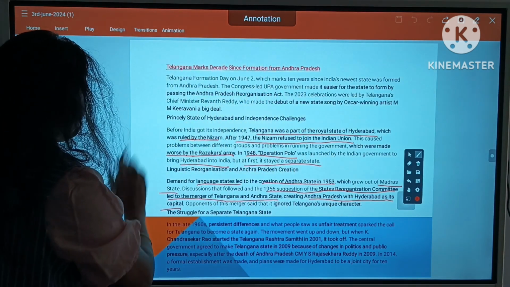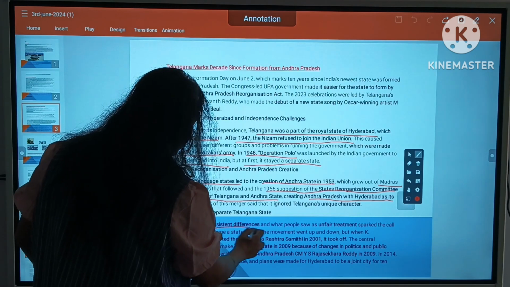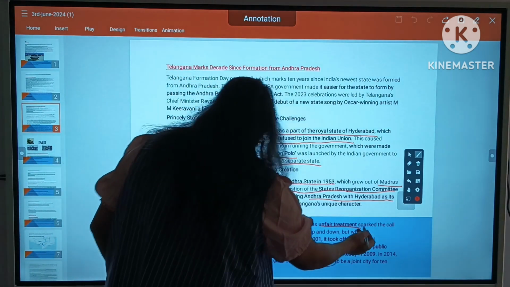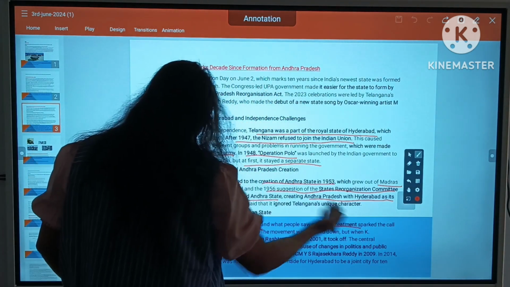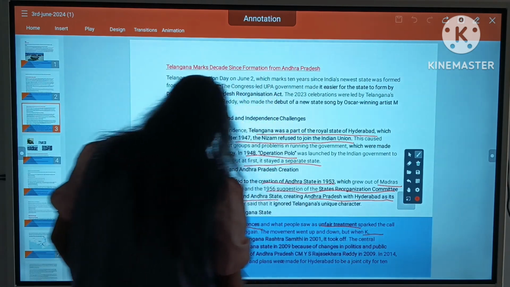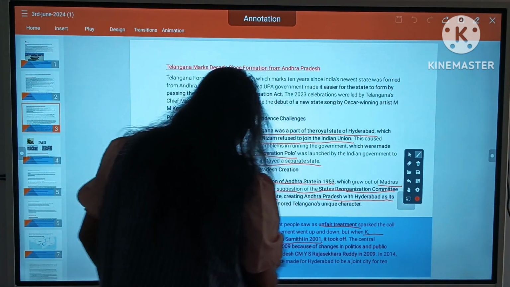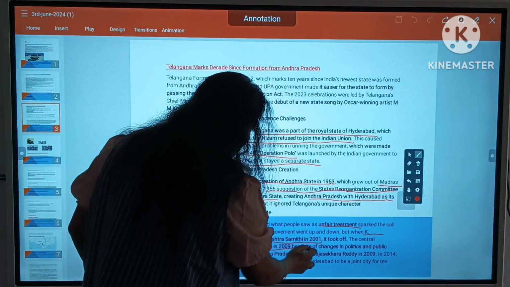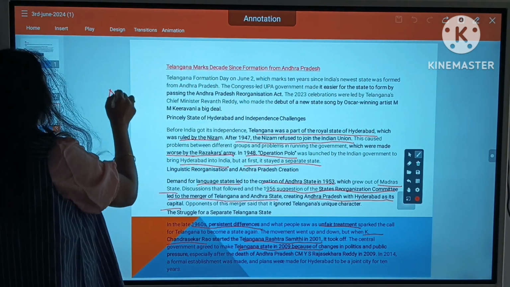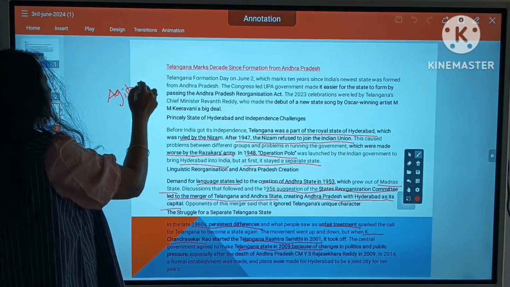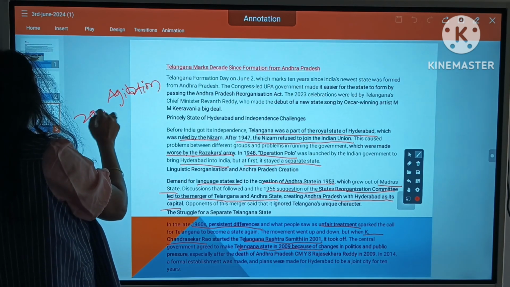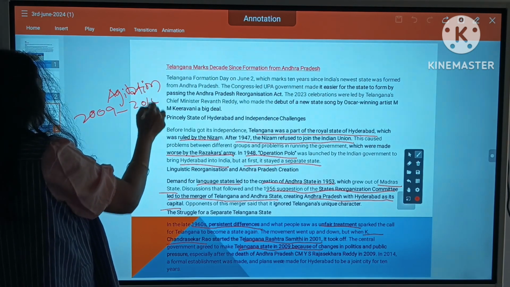But after persistent differences in the 1960s and unfair treatment felt by Telangana people, K. Chandrasekhar Rao started Telangana Rashtra Samiti in 2001, and then Telangana state agitation continued from 2009 to 2014 under KCR.